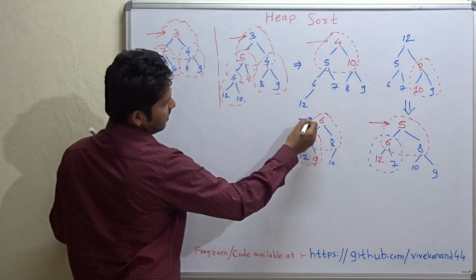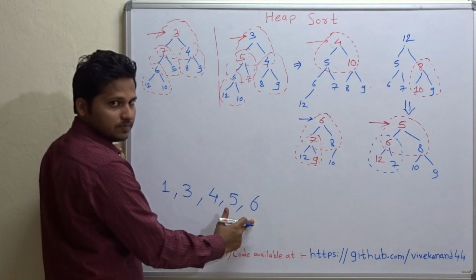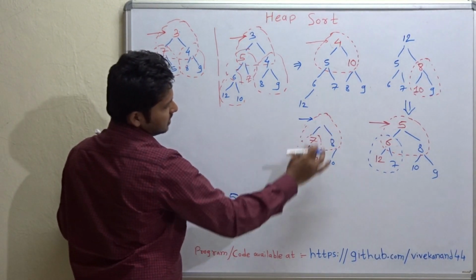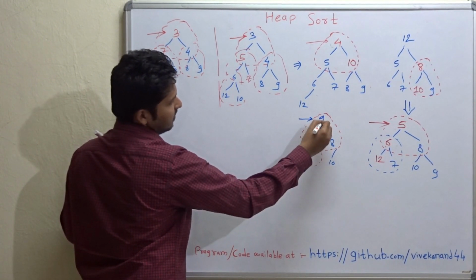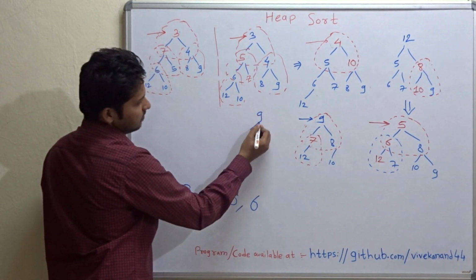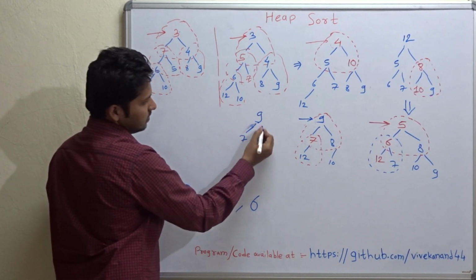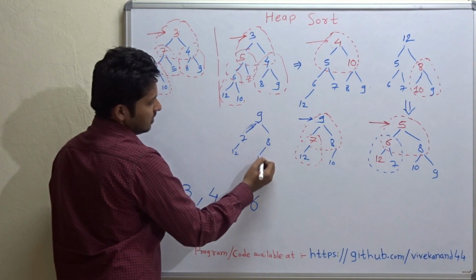So the element at the root will be the next element in the sorted list. Yes. So just swap it. 9 will come here. I will just write it clearly first. 7, 8, 12 and 10.